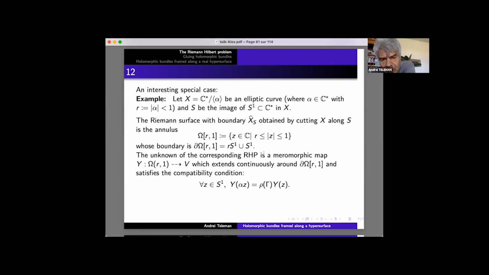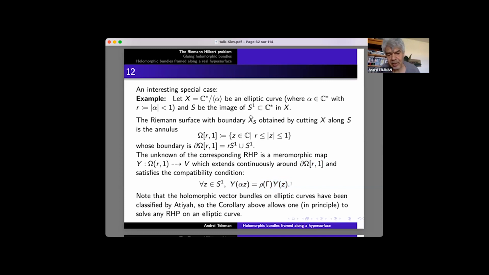The problem looks for the space of solutions, of the maps y, which are meromorphic on the interior of the annulus and extend continuously up to the boundary, and denoting by the same symbol the extension on the boundary, we impose a gamma compatibility condition on the restrictions of y to the two components of the boundary. So if, let's say, y is nowhere vanishing on S1, this means that we impose the quotient of the restrictions of y to the two components of the boundary.